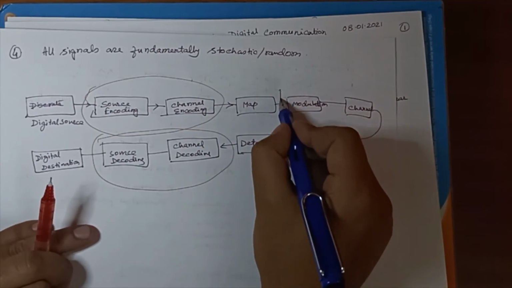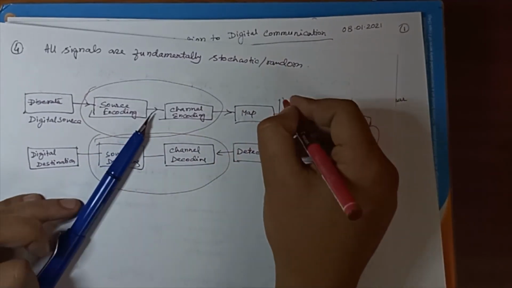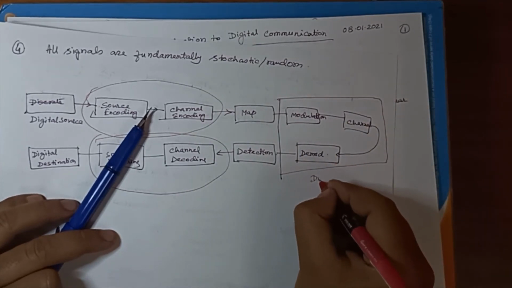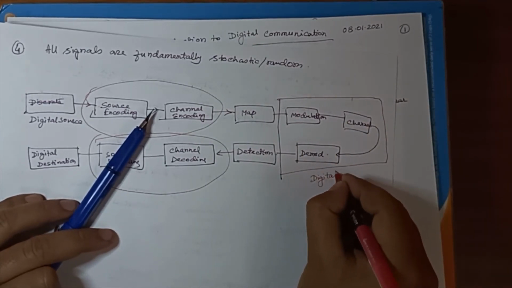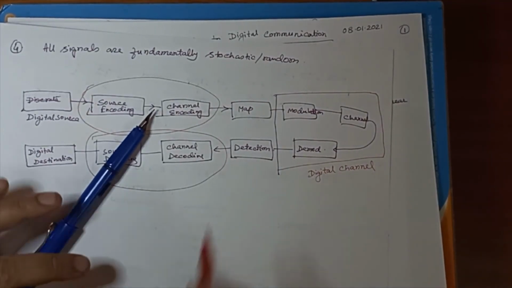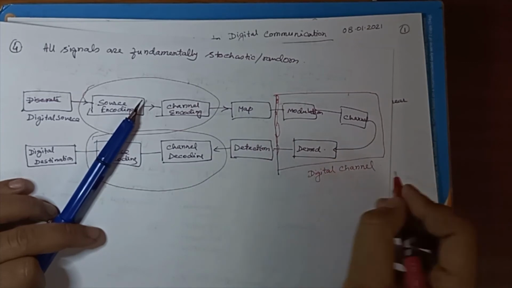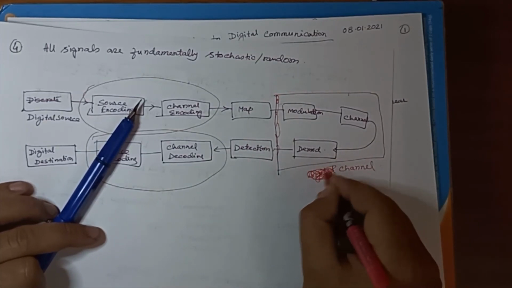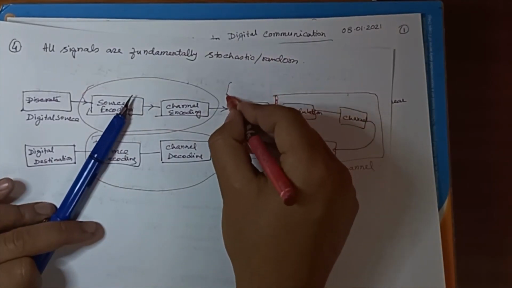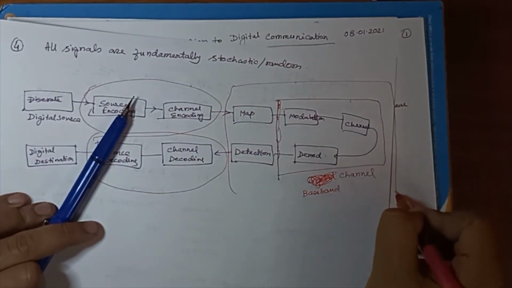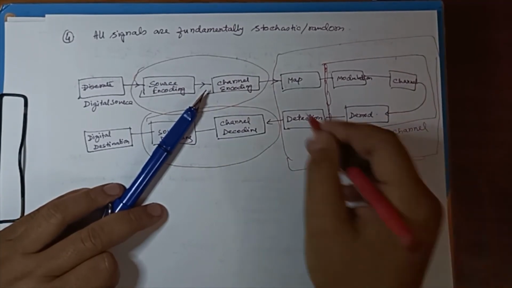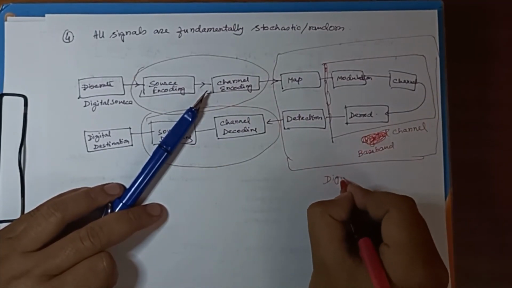So we can separate this out and visualize this entire thing as a digital channel or binary channel. Without the digital to analog and analog to digital conversion, this entire thing we can visualize as a digital channel.